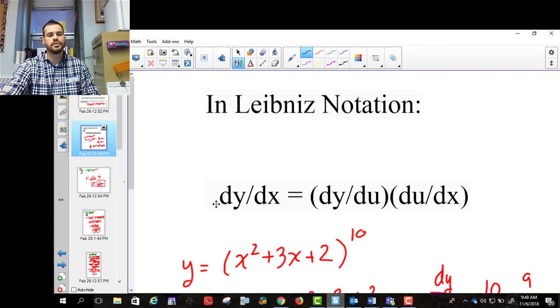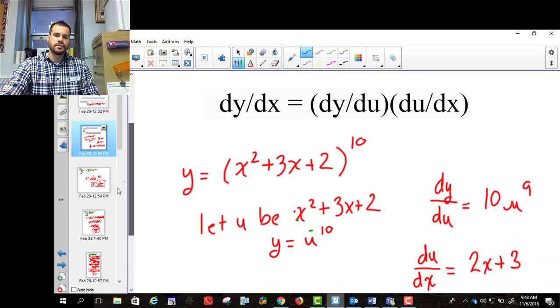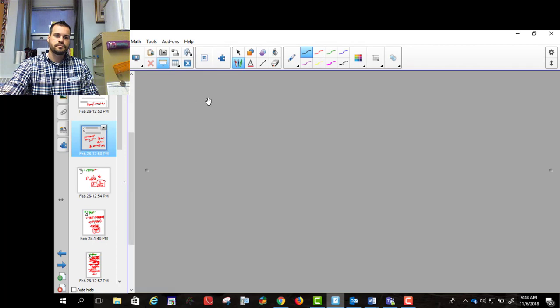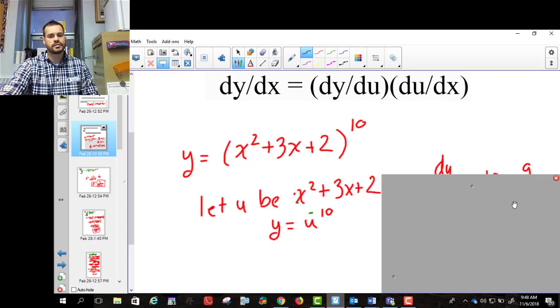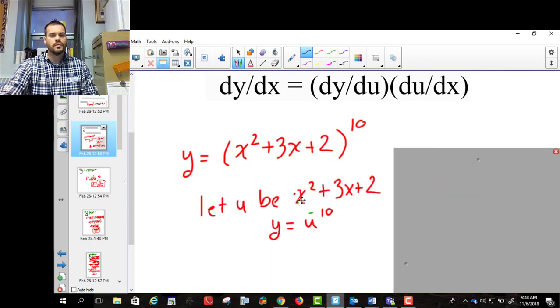In Leibniz notation, we say dy by dx is dy by du times du by dx. You'll sometimes see that. What that's saying is, if I have a composite function like y equals x squared plus 3x plus 2, to the 10th power, we make a substitution. We say let u be x squared plus 3x plus 2, which means y is just u to the 10th.